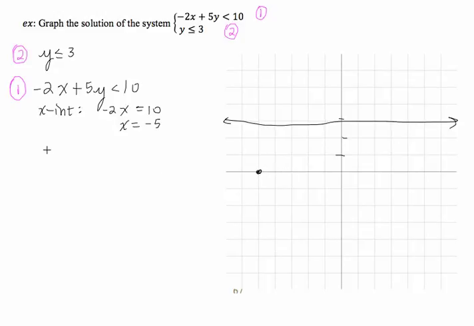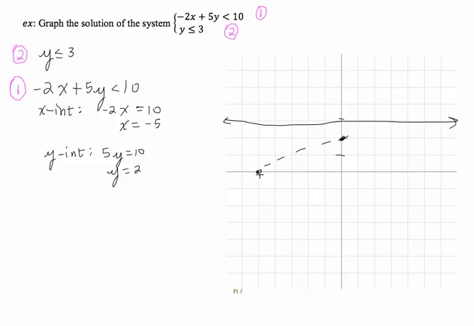And its y-intercept occurs where x is 0, so we would have 5y equals 10, or y equals 2. And this is a dashed line because it's got a strictly less than sign.